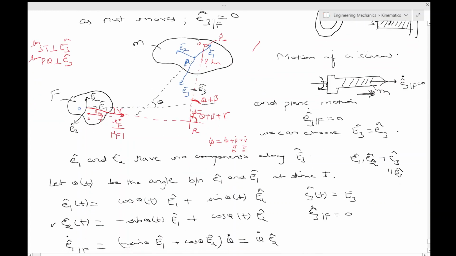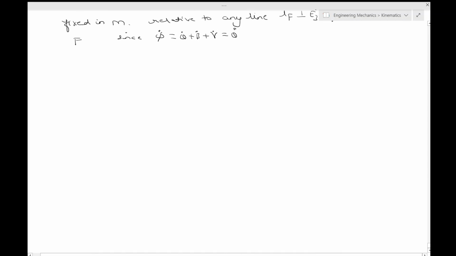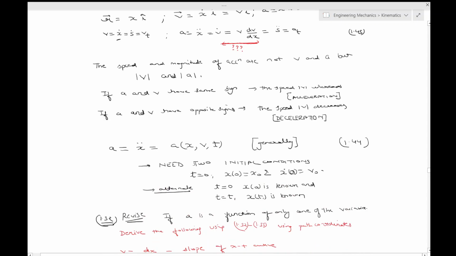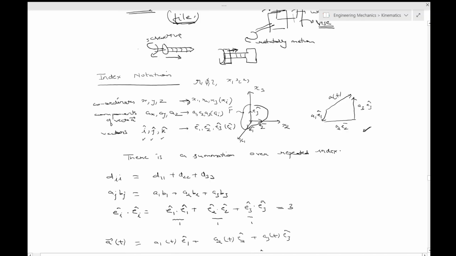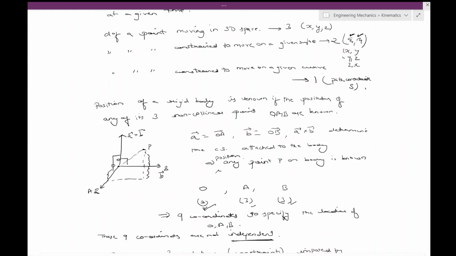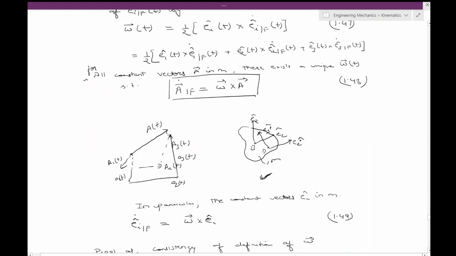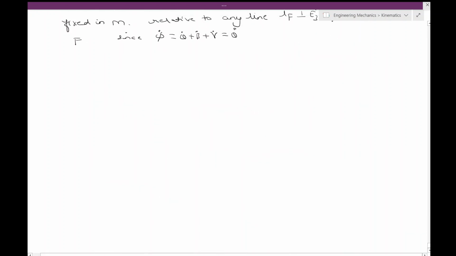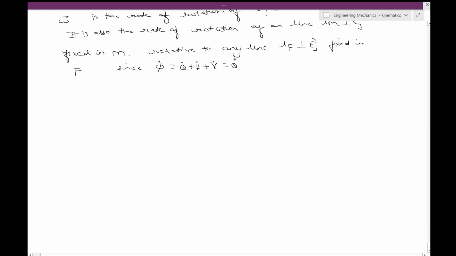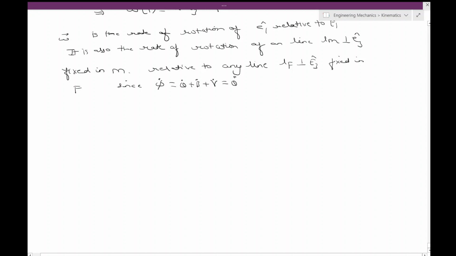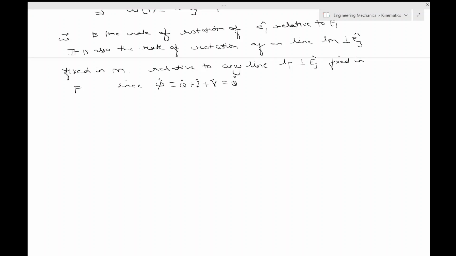So theta dot will also represent the rotation of a line LM relative to line LF, since phi dot is equal to beta dot is equal to gamma dot, and that is equal to theta dot clearly, because beta dot and gamma dot are 0.